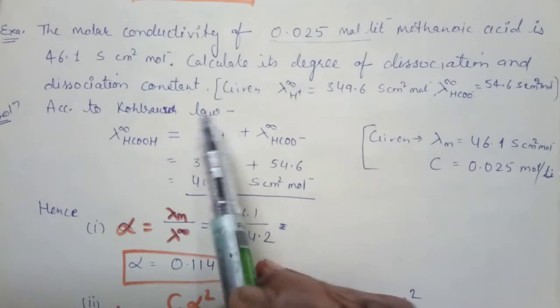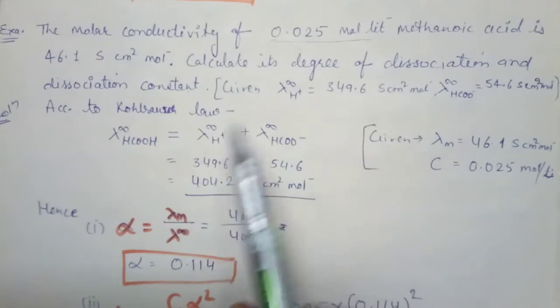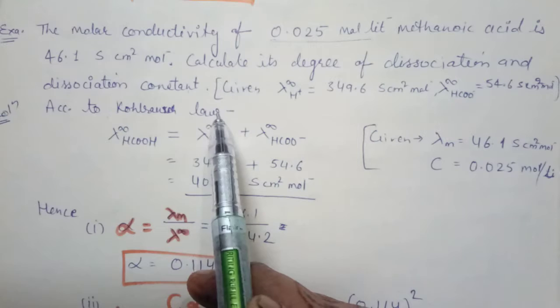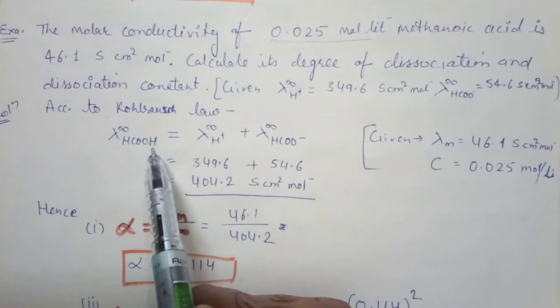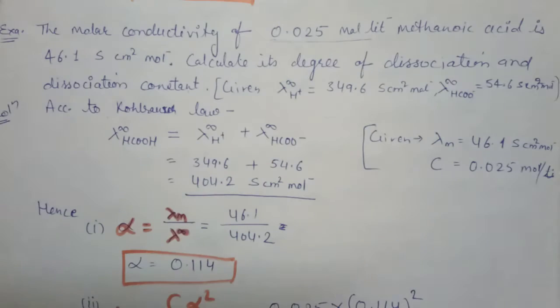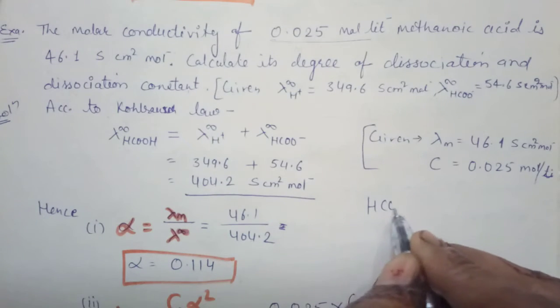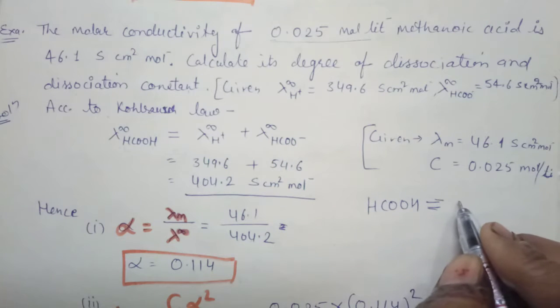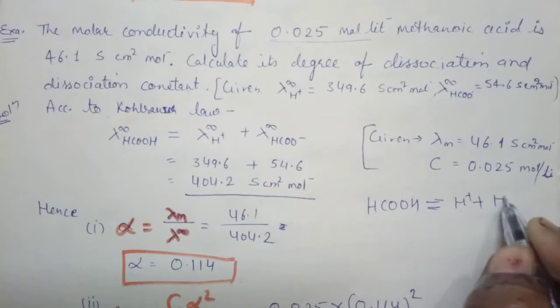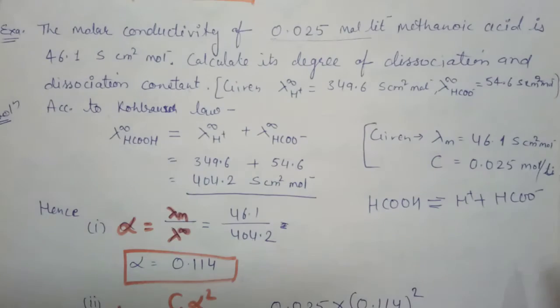First of all, we have to calculate lambda infinity with the help of Kohlrausch law. According to Kohlrausch law, lambda infinity HCOOH, this is the methanoic acid, will dissociate into H plus and HCOO minus.